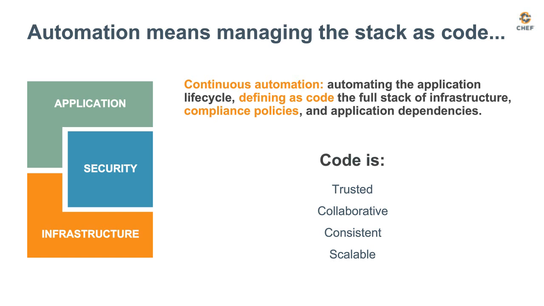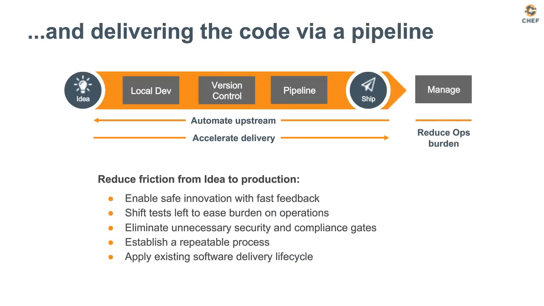And why code? Code is trusted, it's collaborative, it's consistent, it's scalable and shareable. More importantly, that code can be delivered in a pipeline, in an automated fashion, which will help reduce the friction from delivering ideas to the ultimate shipment of that final product, which enables a scale of innovation with fast feedback.